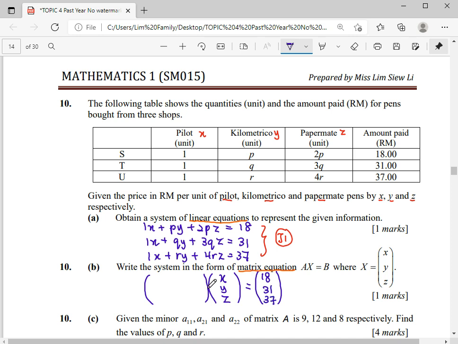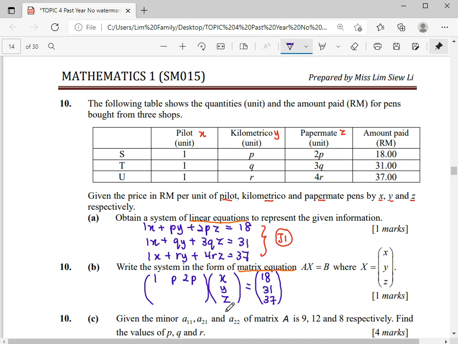From here, what is our coefficient matrix? We take up the coefficients: 1, P, 2P and so on. When you do multiplication like this, you can go back to the equation, because the first matrix takes the row and the second matrix takes the column.